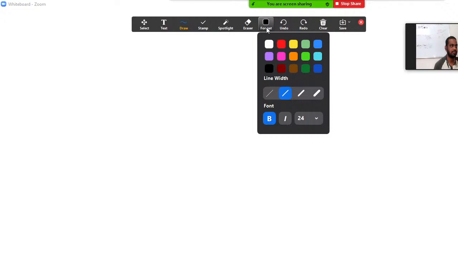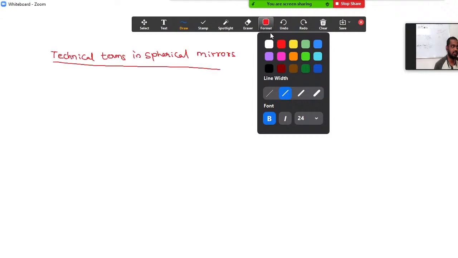Technical terms in spherical mirrors. Already yesterday we discussed the definition of aperture, right? What is aperture?